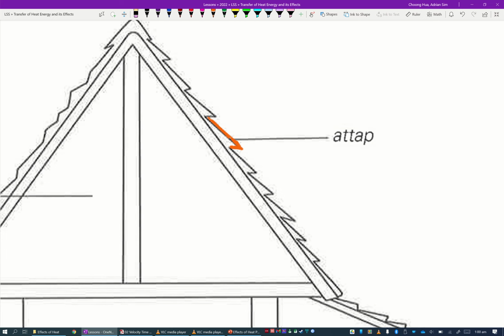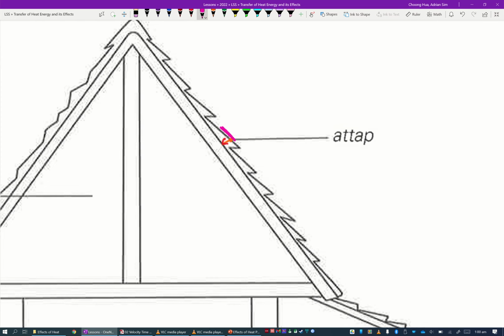When you look at this, Attap has a layer of thickness. Now, if it is a poor heat conductor, okay, what can I say about the heat transfer from one end to the other end?